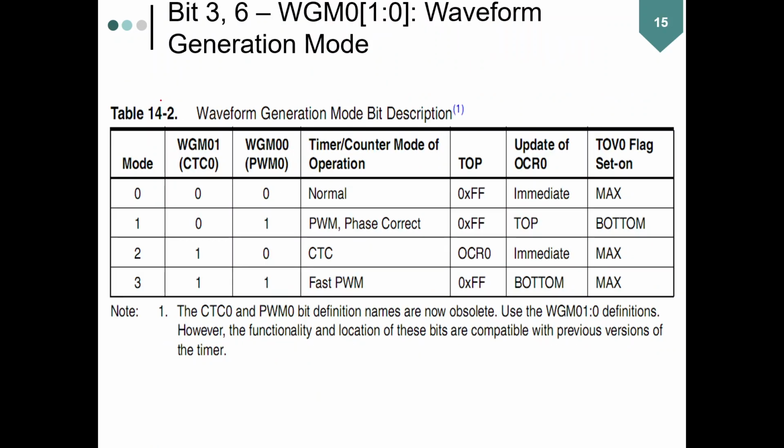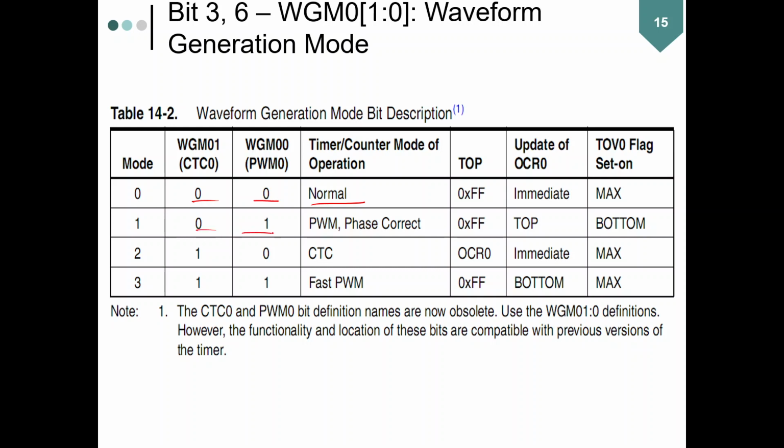Okay, so these are bits number 3 and 6, which are waveform generation mode 0 and 1. Once these bits are 0, 0, you are in the normal mode, which means you are just counting as a normal counter. It acts as an up or down counter.